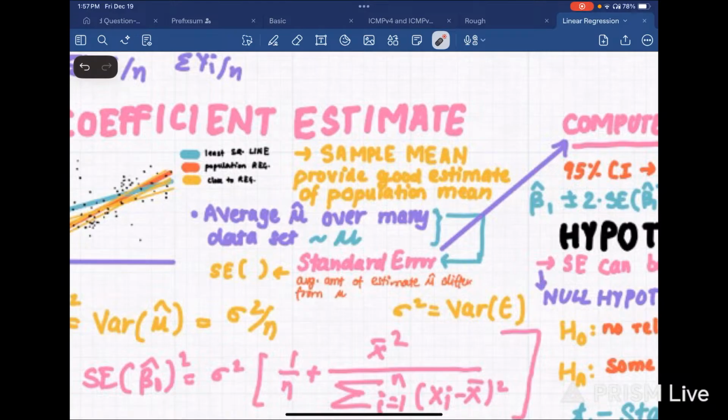What it basically means is how much the estimated mean value differs from the true mean value. We should always know that the sample mean provides a good estimation of the population mean. So the average mean we calculate over many data sets will give us mu, and this mu has an average standard error.